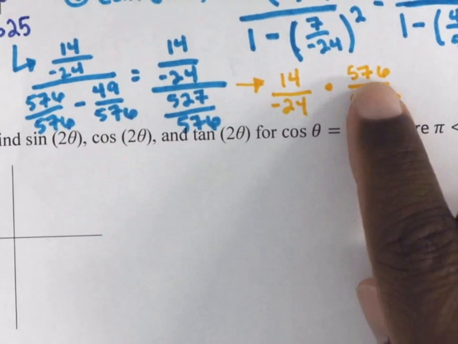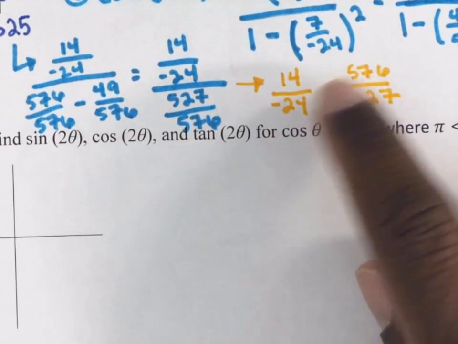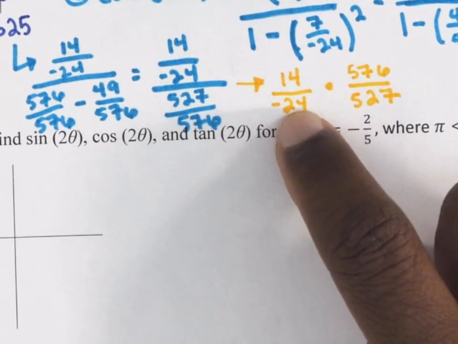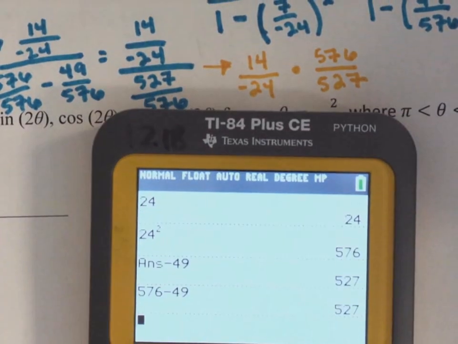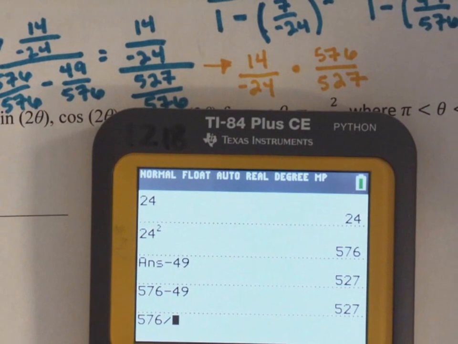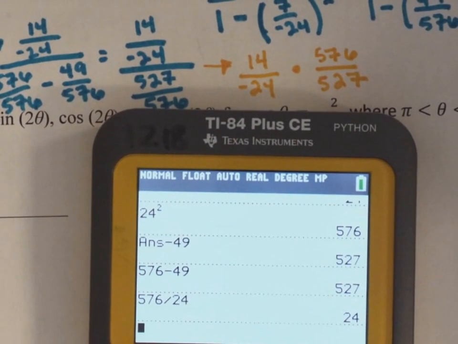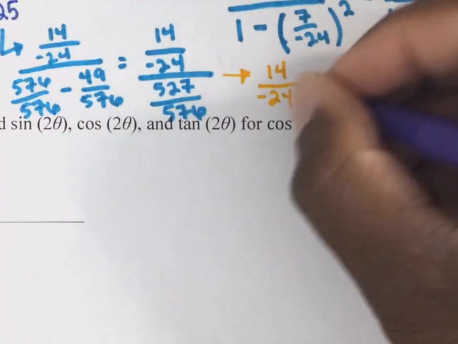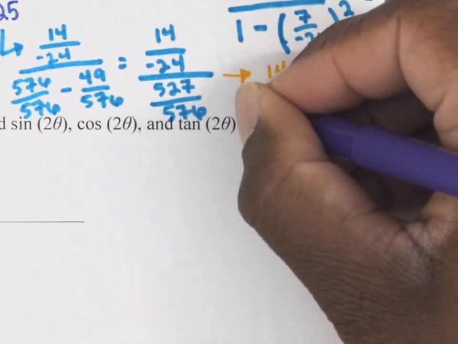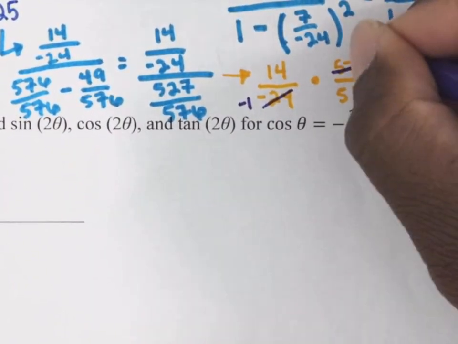And now, like I was saying, you'll be able to divide this number by this number. This number will cancel out because we didn't cancel at the beginning. So 576 divided by 24 equals 24. So I can completely cancel this number out to be negative 1, and this one becomes 24.